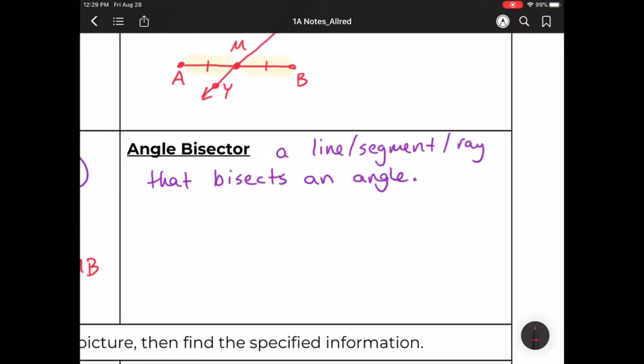As we look at what an angle bisector is, it's any line, segment, or ray that bisects an angle. So let's say I started off with this angle. We'll call it angle WVR.